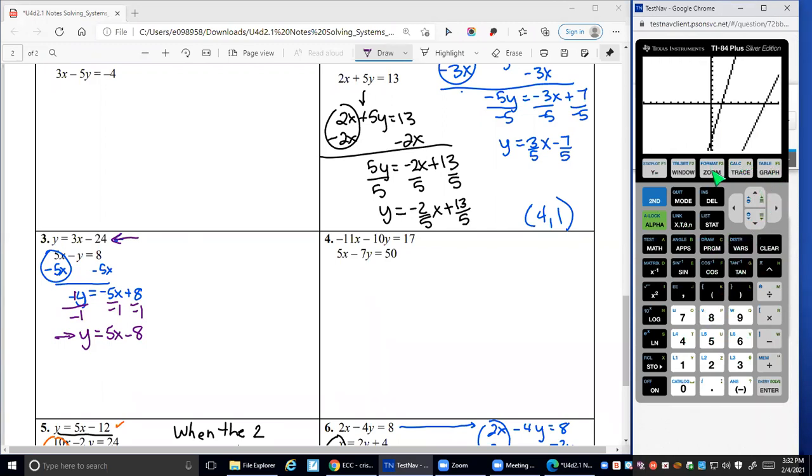I can't see the intersection, so I'm going to hit zoom fit. Zoom 0, and now I can. That's why I like zoom 0, because it just automatically does it. And then I'm going to hit second, trace, 5, enter, enter, enter. And I get an answer of, I'm pretty sure, -8 and -48 if my eyeballs are working right.